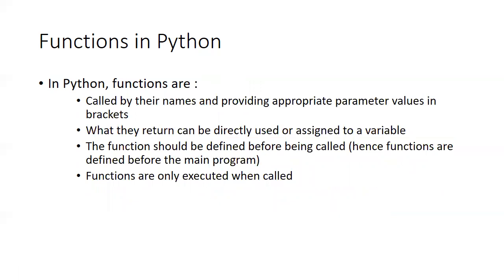And so we use this word call. It's not like a telephone call. When we're talking about call with a function, what it means is at some point, we want to execute that function and make it do something. We do that by calling the function. And so a call in a program will be stating the function name and passing any parameters into it. That's what we call a function call.